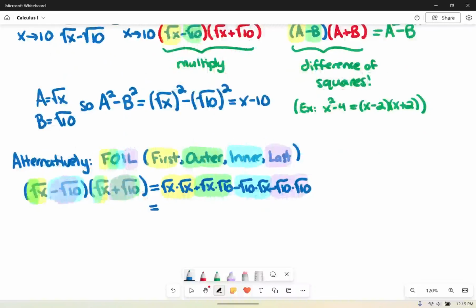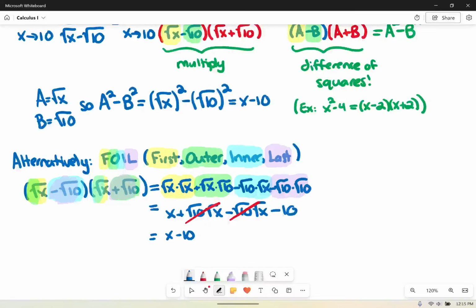When we clean that up a bit, we get x plus square root of 10 square root of x minus square root of 10 square root of x minus 10. And then we can see that the middle terms cancel, leaving just the x minus 10 that we got by recognizing the factorization as a difference of squares.